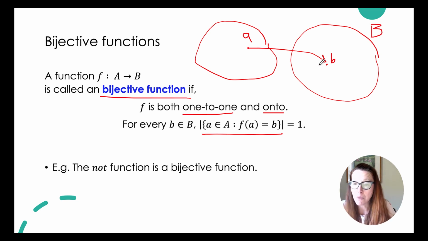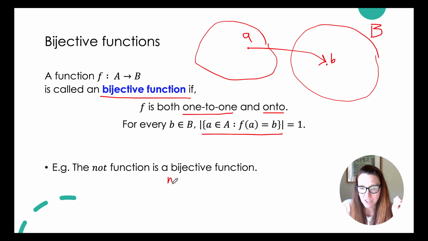There are at most one mappings from A to B, and there is at least one mapping from A to B, and that means there's exactly one. So the not function is a bijective function.